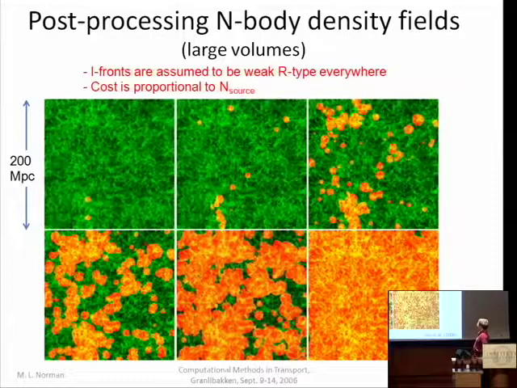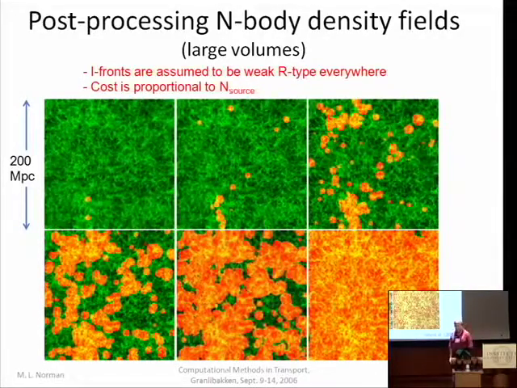Then the particle densities are gridded, and that gridded density field is searched for peaks, and radiation sources are introduced at the peaks. And what people do is they propagate these R-type fronts throughout the universe, and you get this kind of reionization picture here. Iliev et al. have done this, and other people have done this.